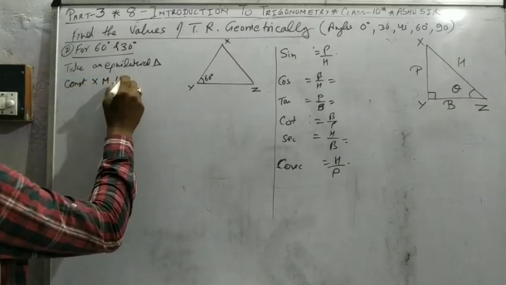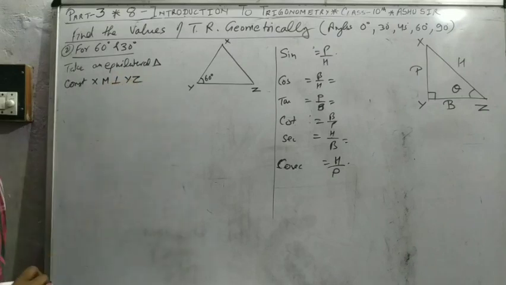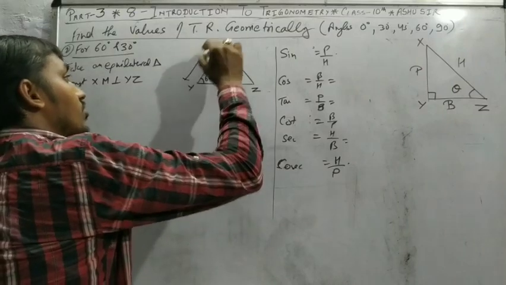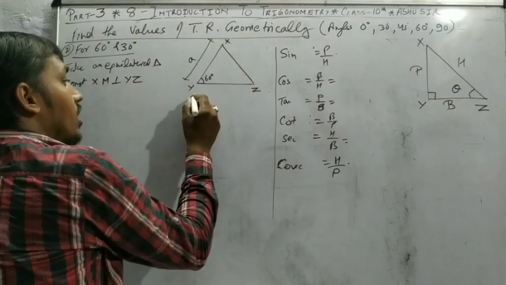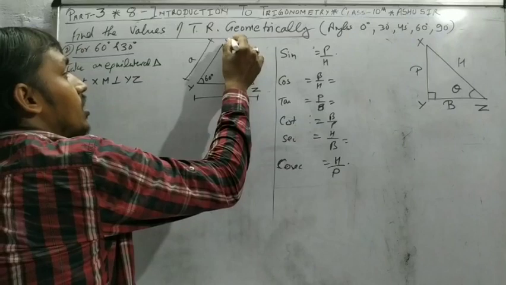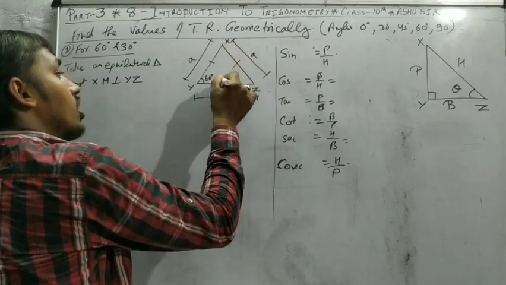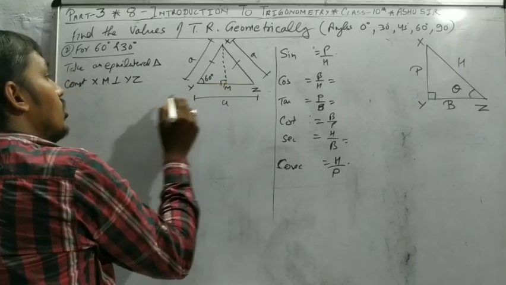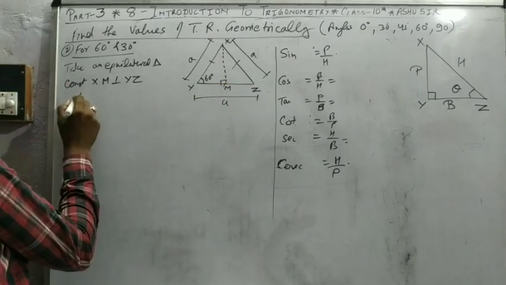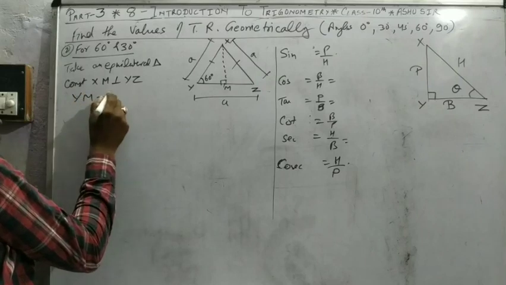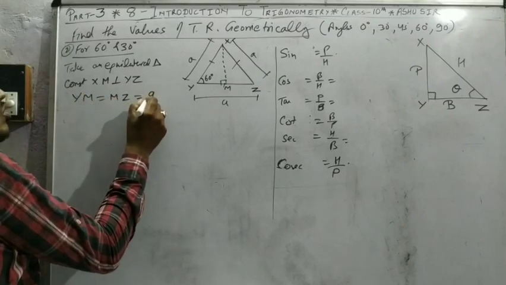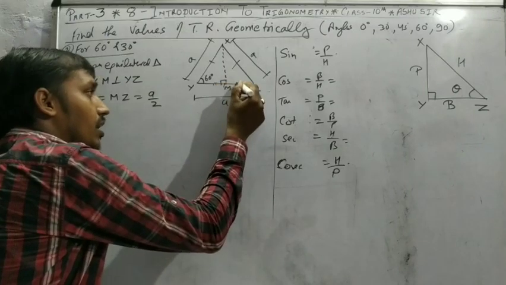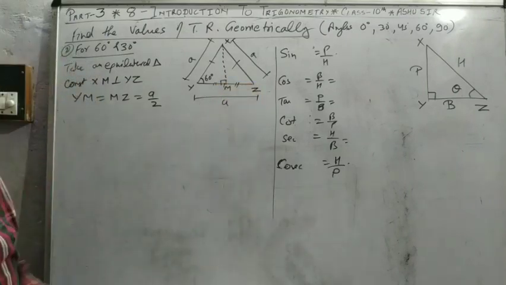XM perpendicular on YZ. Before this, you know the value of this a and a, because all are equal. If you draw perpendicular M, then YM is equal to MZ is equal to a by 2, because in an equilateral triangle the perpendicular bisects the base.